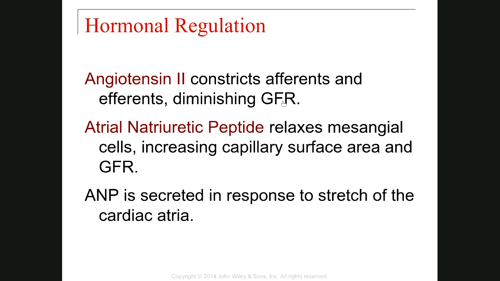As the blood volume increases, the atria of our heart can secrete atrial natriuretic peptide. The atrial natriuretic peptide has its own receptors on the mesangial cells.